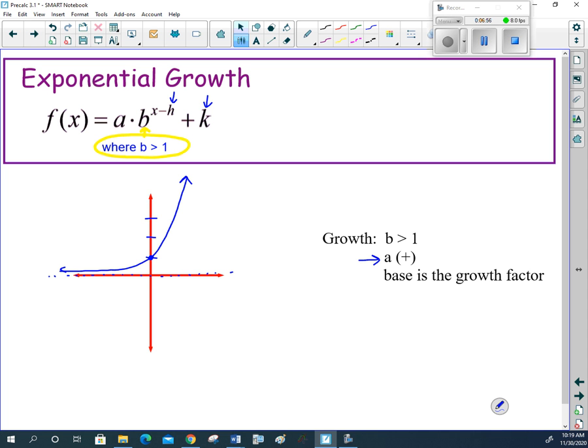On the left, your boundary is the x-axis. That's your horizontal asymptote, y equals 0. That's your limit. It approaches y equals 0. As you go closer and closer to negative infinity, it gets closer and closer to 0. And as you move right towards positive infinity in the x direction, your y values start to increase exponentially. They increase faster, depending upon what your growth rate is.